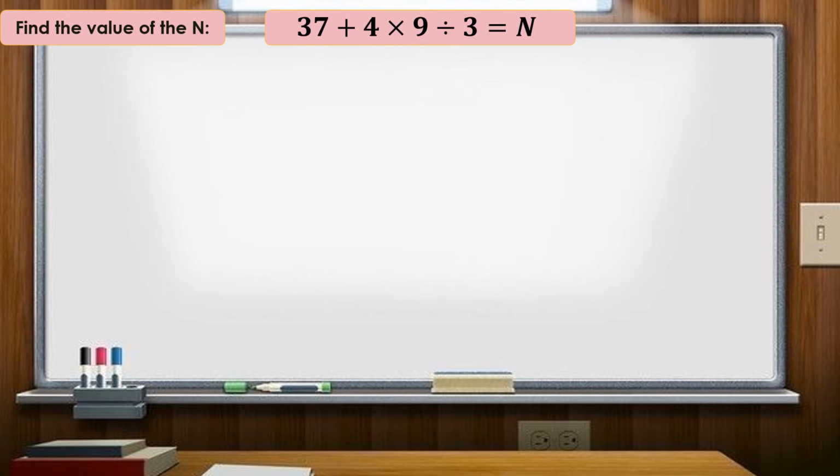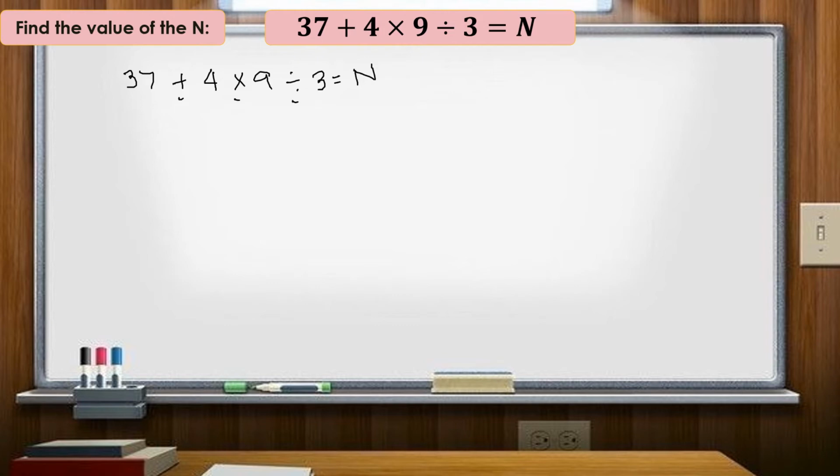Next is 37 plus 4 times 9 divided by 3 equals n. As you may see, check everything first from left to right. We have plus, multiply, and divide, so three operations. Decide which comes first: plus or multiply?